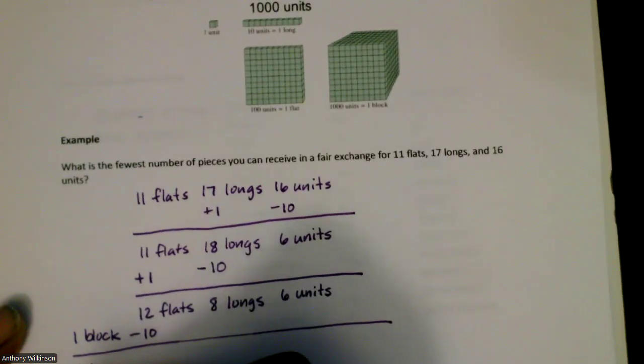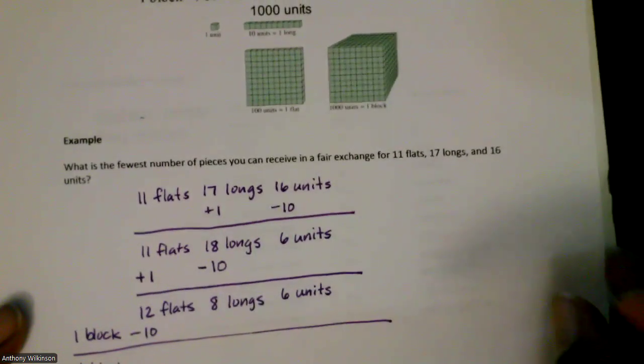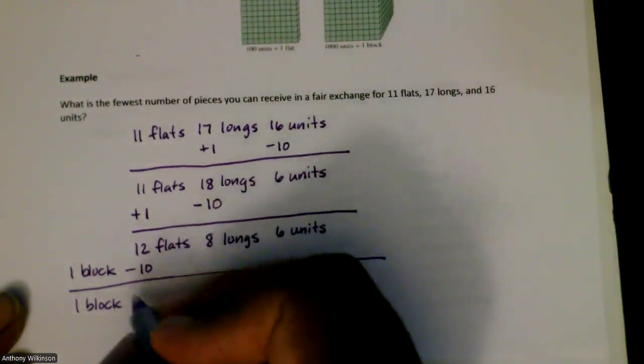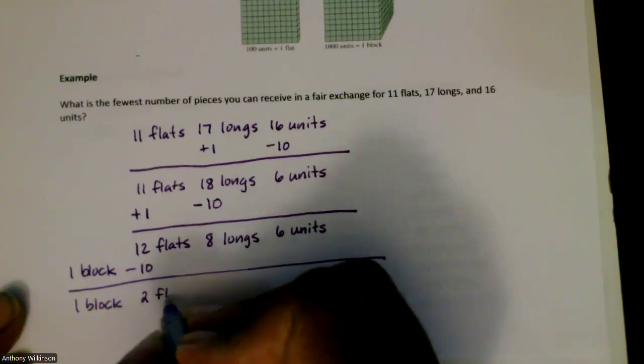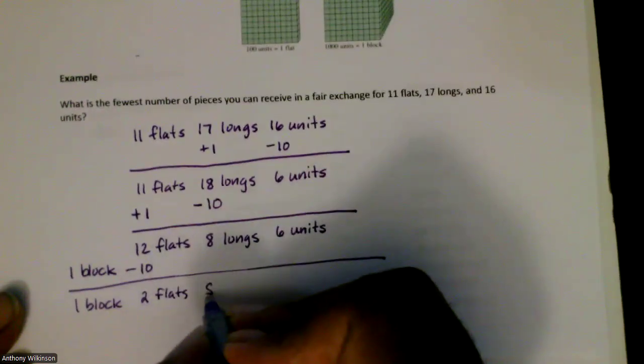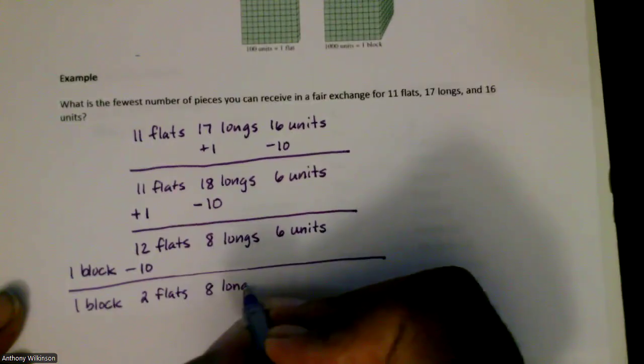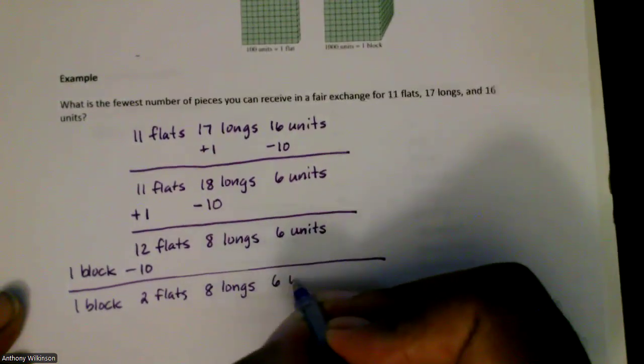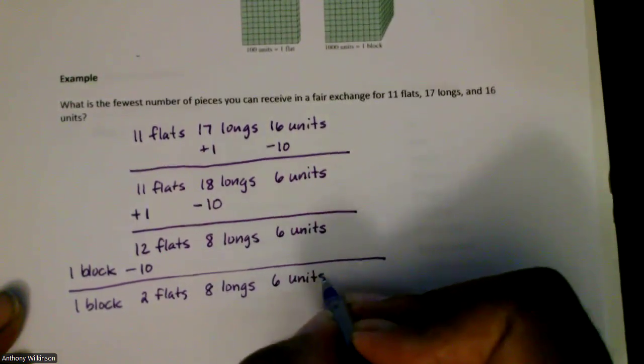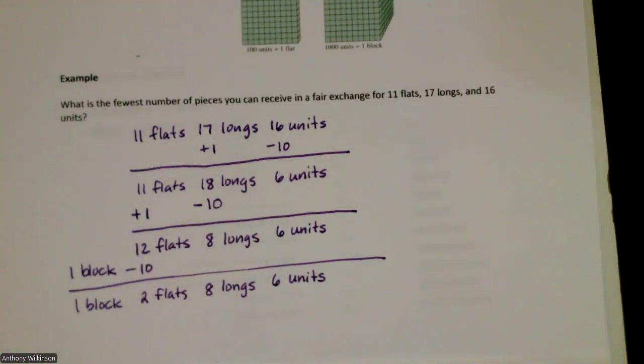So that means I have one block, 12 minus 10 will be 2, so it'll be 2 flats, and then 8 longs and 6 units. So 1 block, 2 flats, 8 longs, and 6 units.